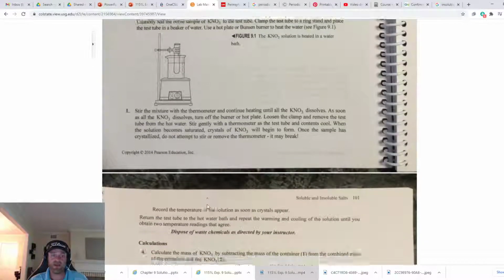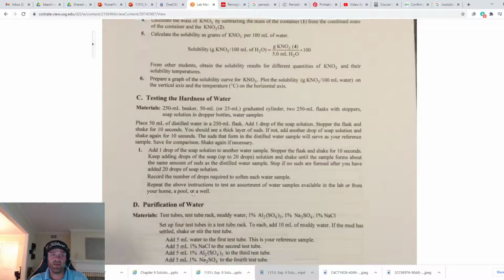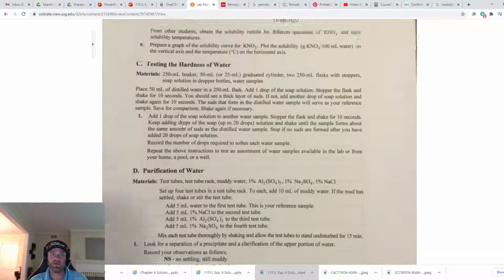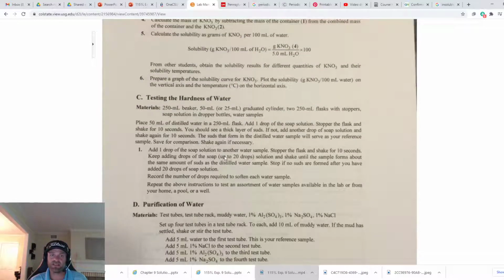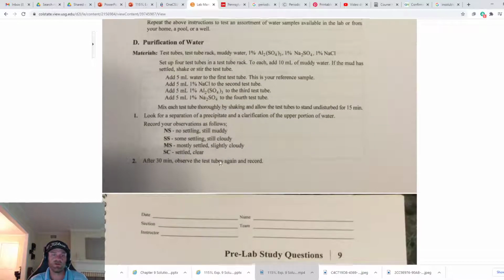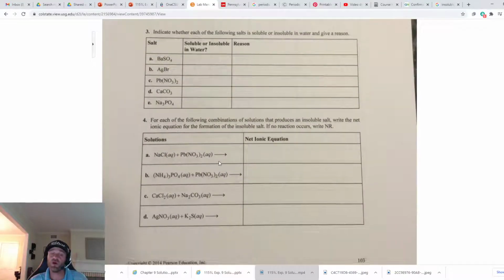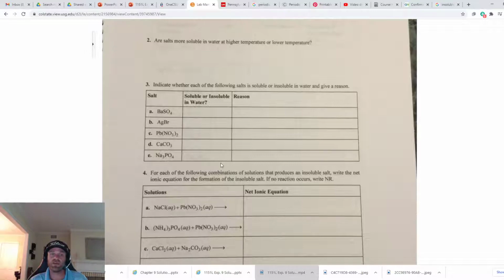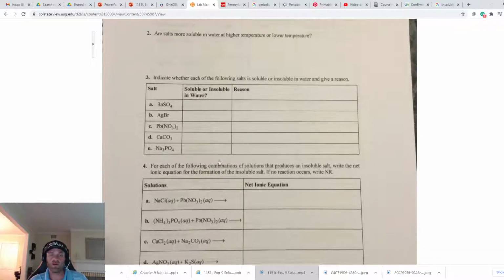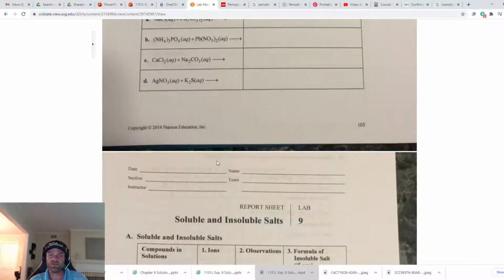So all of Part B and then all of Part D. The only part you're concerned about on this page is Part C, testing the hardness of water. And then pre-lab questions you don't have to turn in. Now these are for you to keep. If you want to ask questions about them or you want to know what the answers are, you can email me and I can send you whichever problem you're working on. But you don't have to turn those in.